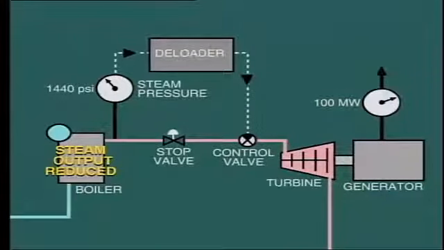Of course, this will reduce the output of the turbine generator, but this is far preferable to damaging the turbine. During startup of the unit, which may well take place at low steam pressure, the deloading device is bypassed and only brought into service when the unit is on load and boiler pressure is normal.